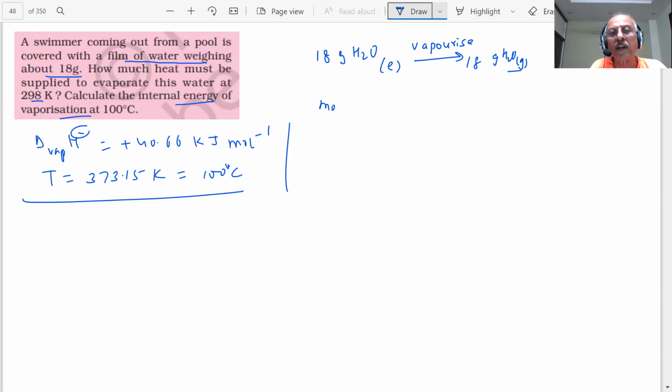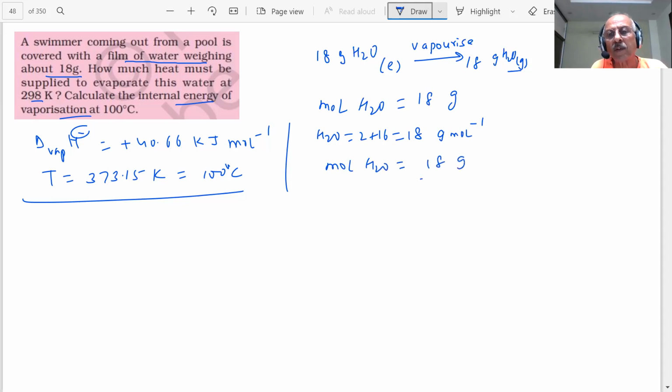How many moles are there in 18 grams? What is the molecular mass of water? 2 plus 16, 18 gram per mole. So the mole of water is 18 gram divided by 18 gram per mole. So therefore you have 1 mole of water.